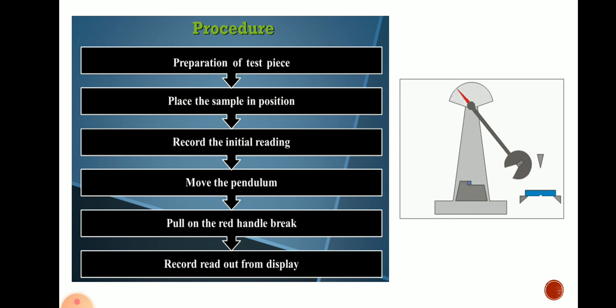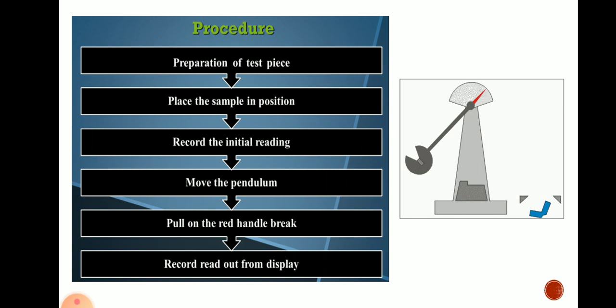Third step, record the initial reading. Whatever reading the pointer shows, it shows the energy reading, so the initial energy will be shown by the pointer on the scale. Initially you have to lift the hammer or pendulum to a certain height, capital H, and record the energy reading at that position.